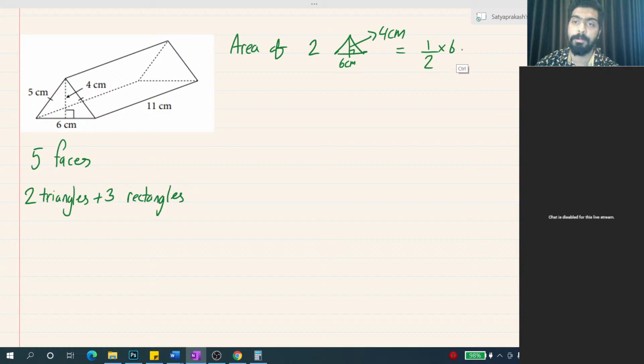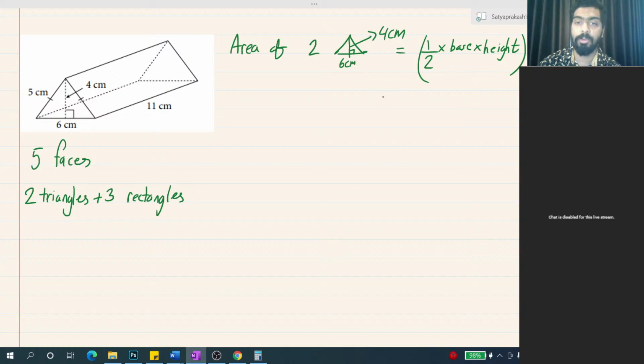So let me write the formula down. And since the front and the back triangles have equal area, I am going to multiply it by 2.